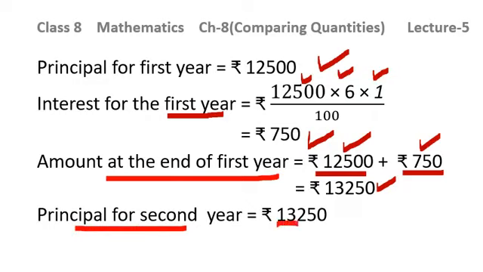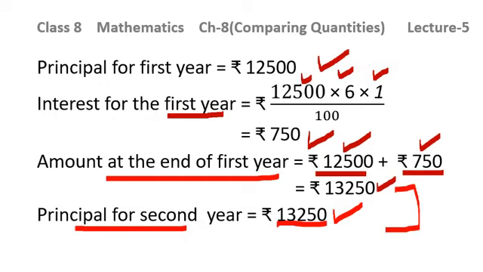This is the amount of the first year, and this will be the principal for the second year. In simple interest, principal will remain same. Interest will be calculated on the same principal for as many years as are given to you. But in case of compound interest, the amount of the previous year will be the principal for the next year.